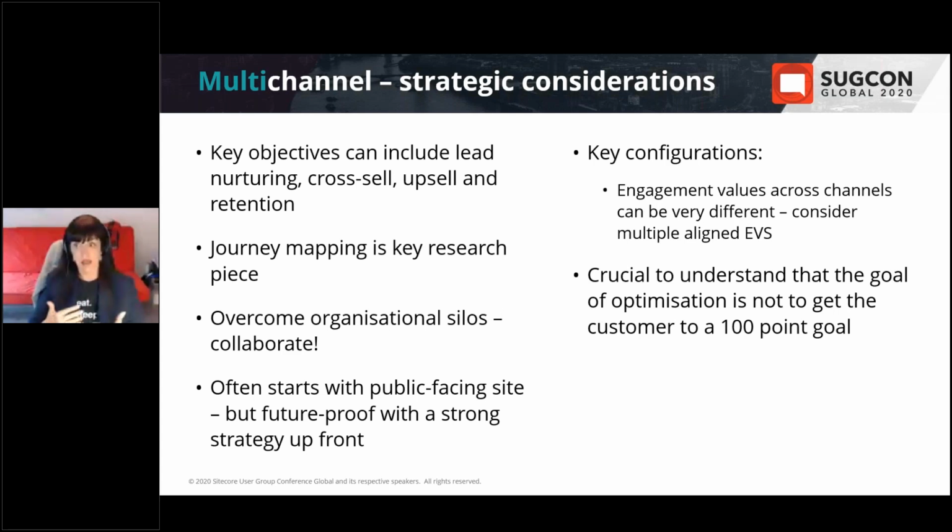You might be increasing their engagement above the 100 points. In fact, you probably will, because in order to get to the 100-point goal, they're definitely going to be triggering other goals along the way. But the idea is to increase engagement to a specific goal, which is higher up. So they can get a little hung up sometimes on the 100-point goal. Make sure that they understand what you're trying to do with engagement value scale.